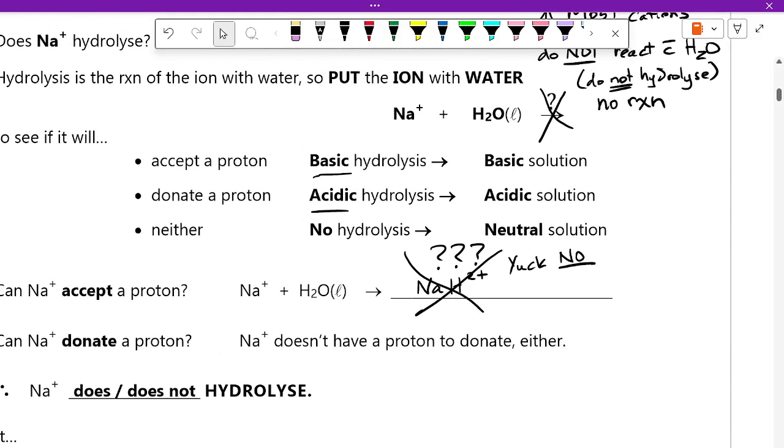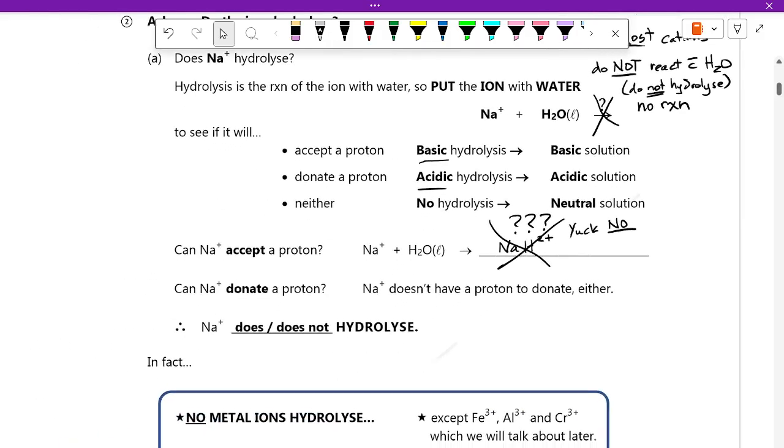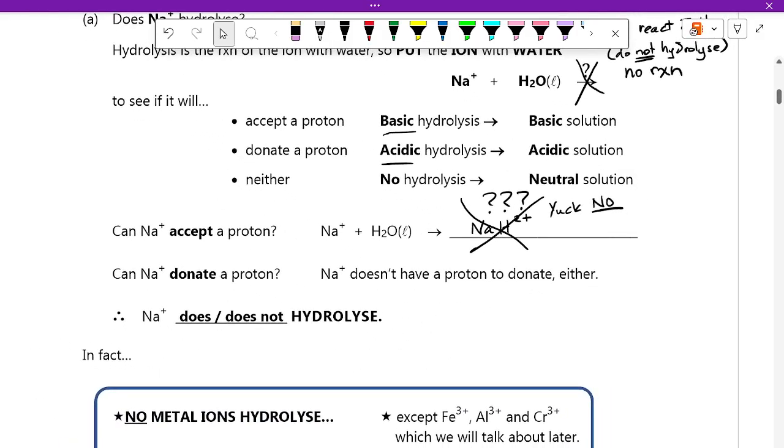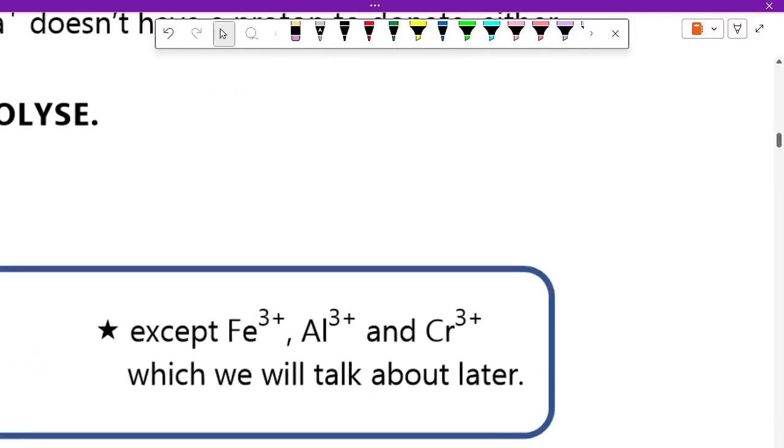What's the cation that does? Ammonium, because it has a hydrogen. There's 3 others, but they behave in a bizarre way, so we'll talk about those more. No metal ions hydrolyze, except iron, aluminum, and chromium.